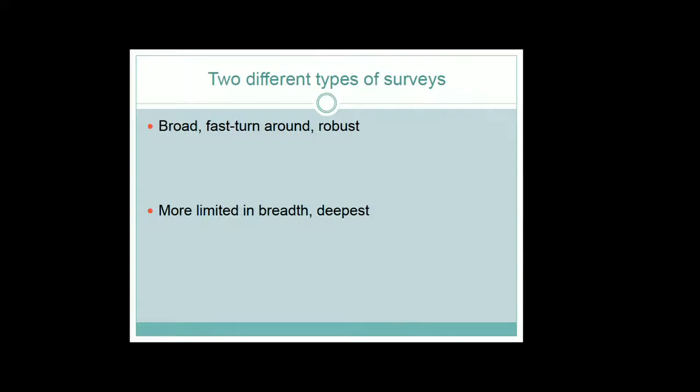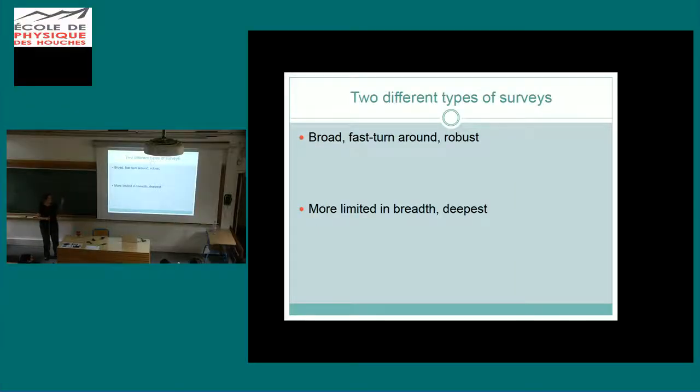Now, there are 2 different types of surveys that can be done with this approach. Some are so-called fast turnaround. They're rather broad and robust to possible variations of the signal. I've only talked about signals that are perfectly monochromatic signals that stay phase coherent. Well, actually, for some objects, that's not the case.